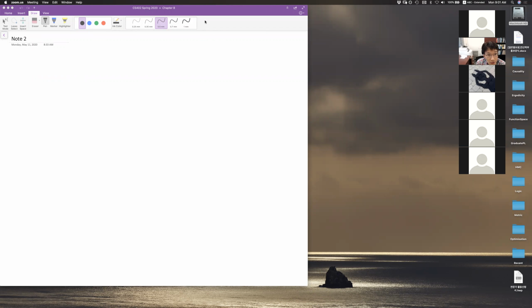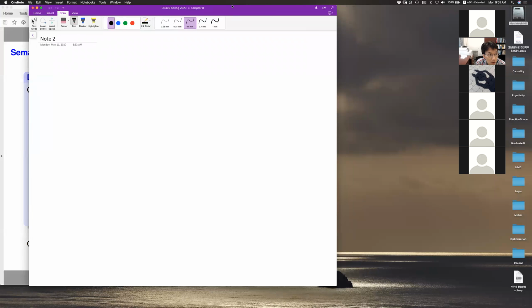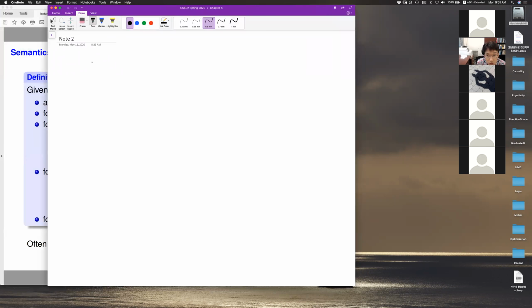Last time, we started to discuss first order logic. So this is a recap. We said, unlike propositional logic, in first order logic there are two kinds of actors.